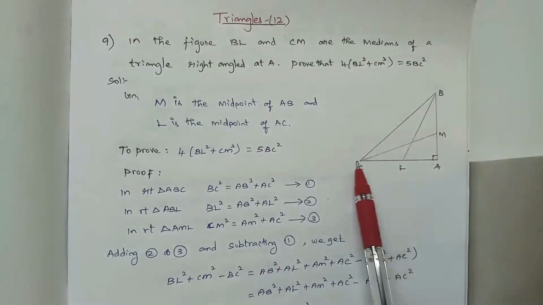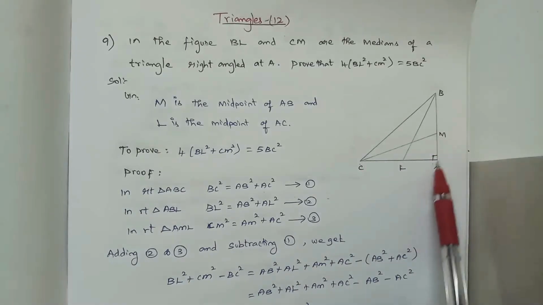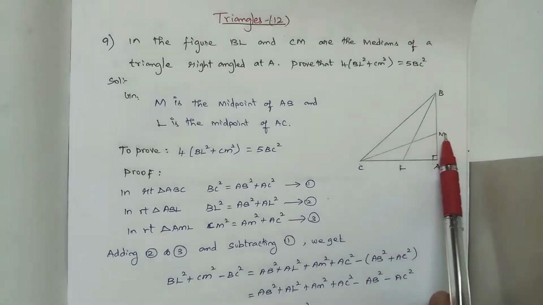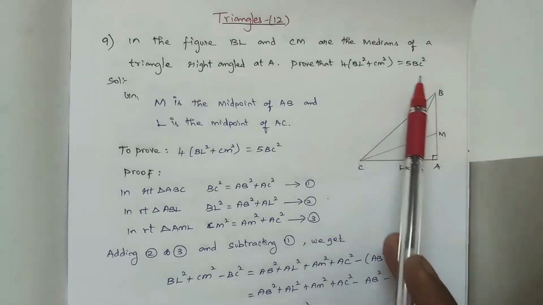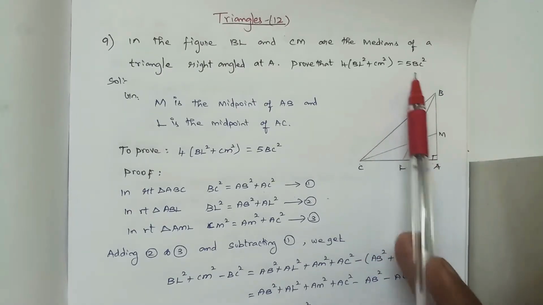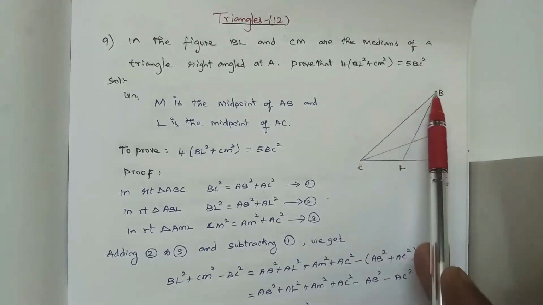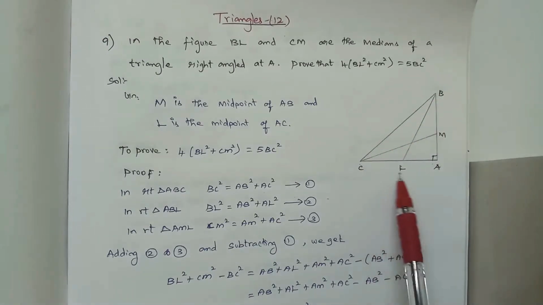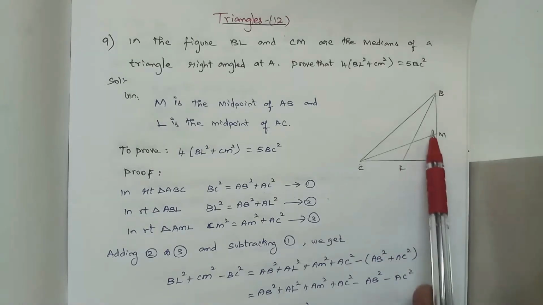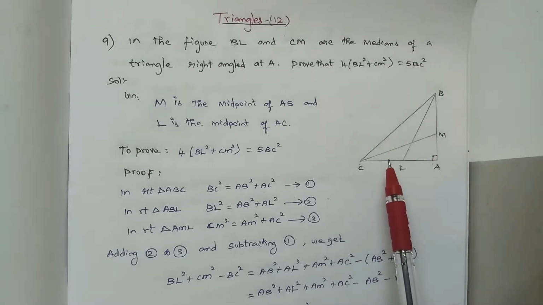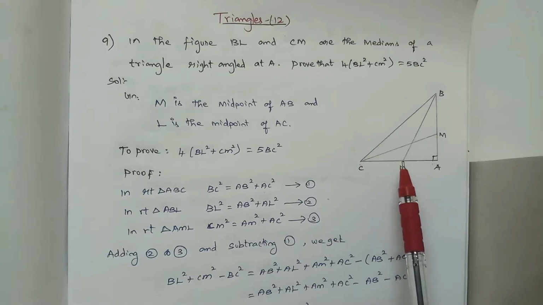CM is the hypotenuse of the right triangle AMC. And BC is the hypotenuse of the right angle triangle ABC. So we need all 3 right angle triangles.